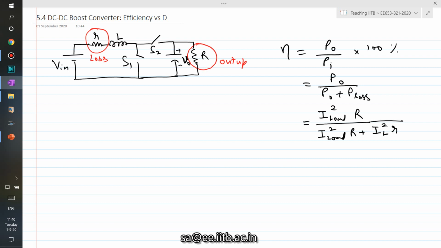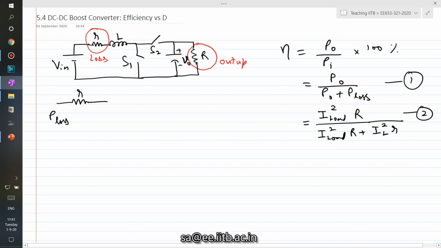Now, before moving ahead, let me tell you there is one approximation that we have taken while coming from equation 1 to equation 2. The loss in a resistor is equal to the RMS current flowing in the resistance squared times the resistance value. We have not talked about RMS current till now, but we will do it in a later part of this course when we start talking about AC circuits.